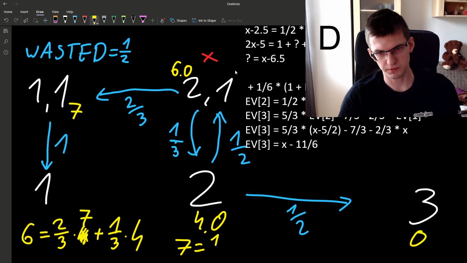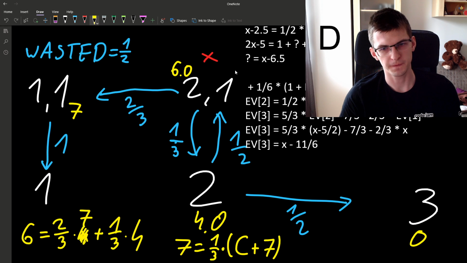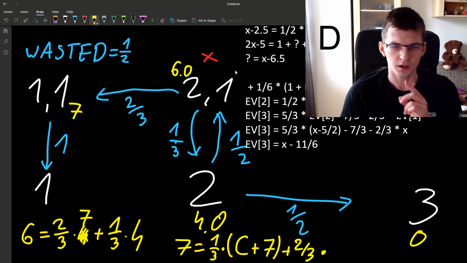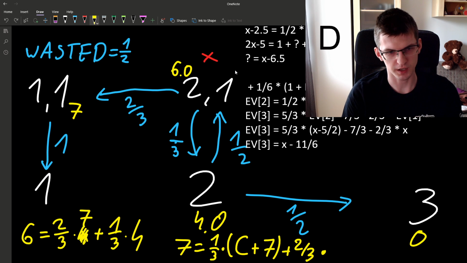So with probability 1/3, I took away that thing. I'm not sure about what to put here. It's some cost C, I'm not sure what this cost should be, plus 7 again. This probability we get here, otherwise with 2/3, what happens is we get to this. Again, let's denote this by x right now.